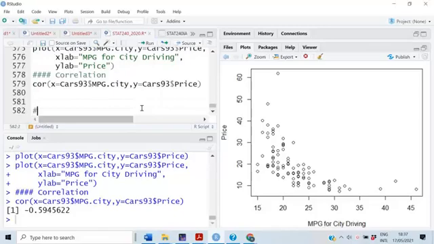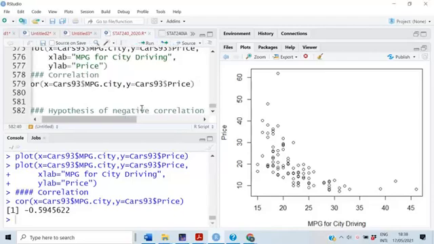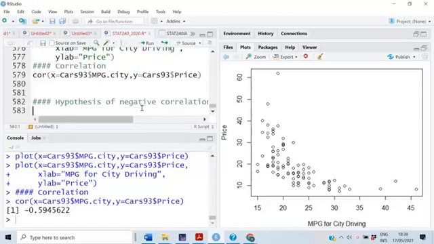Now we want to test the hypothesis that there is a negative relationship. Hypothesis of negative correlation. What do we mean? If you have a hypothesis and we say we want to test whether there exists a negative correlation between price and miles per gallon, how would we do this?